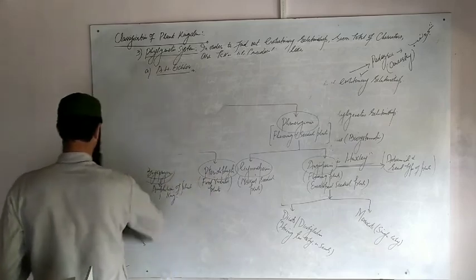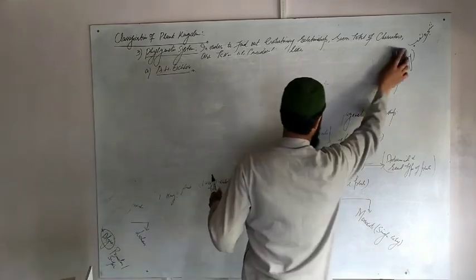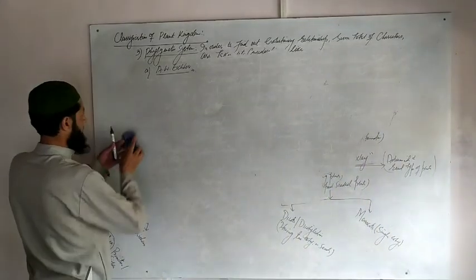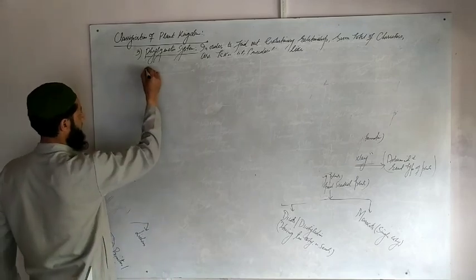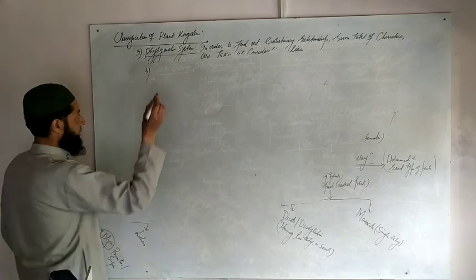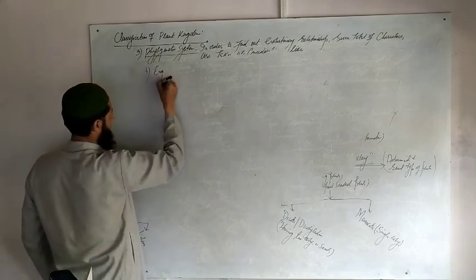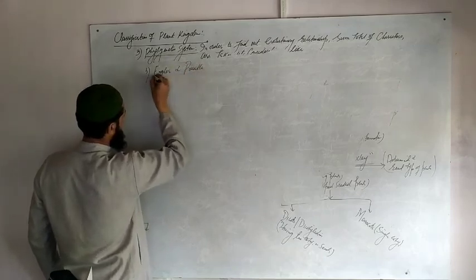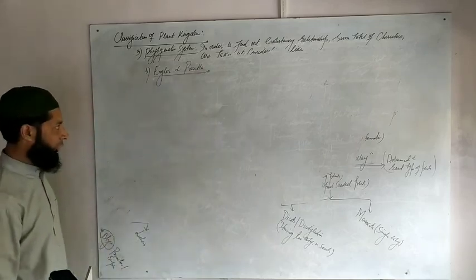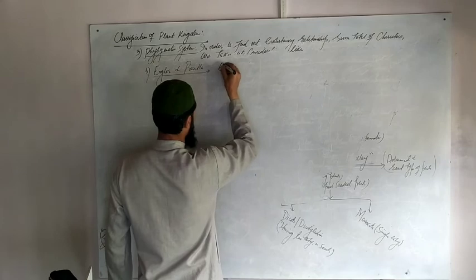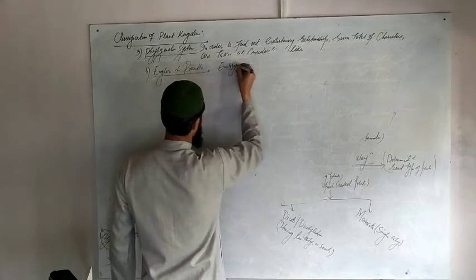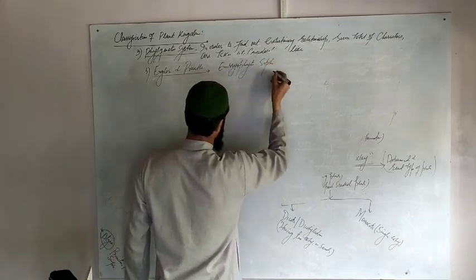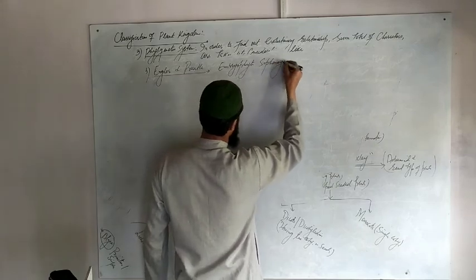Then another classification, also phylogenetic, is proposed by Engler and Prantl. They renamed the plant kingdom as Embryophyta Siphonogama.